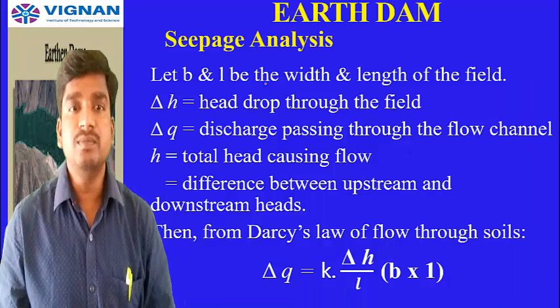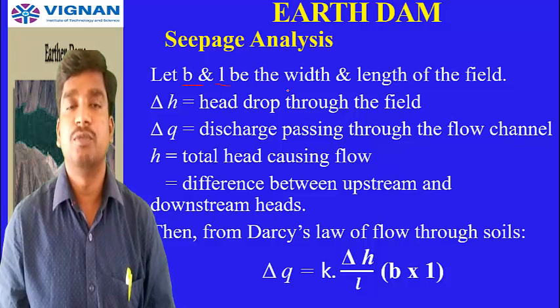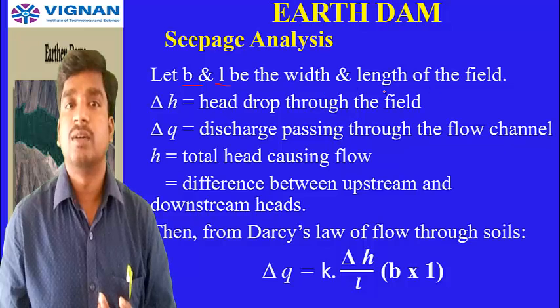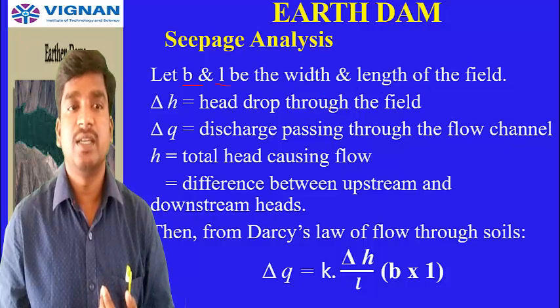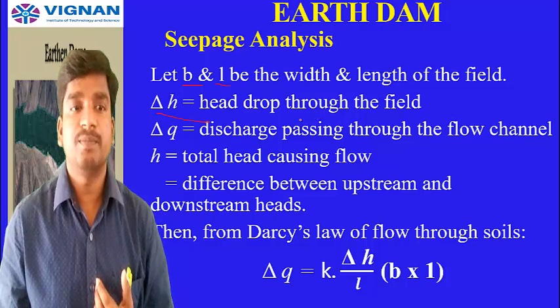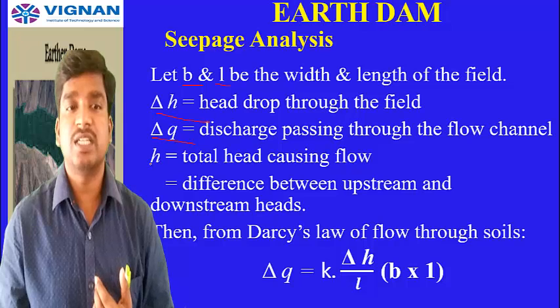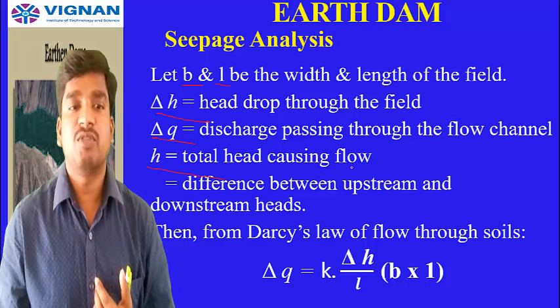See here, L is the length and B the width of the field, as we have seen, and delta H is the head drop through the field, delta Q is the discharge, and H is the total head causing the flow, which is calculated as the difference between the upstream and downstream heads.